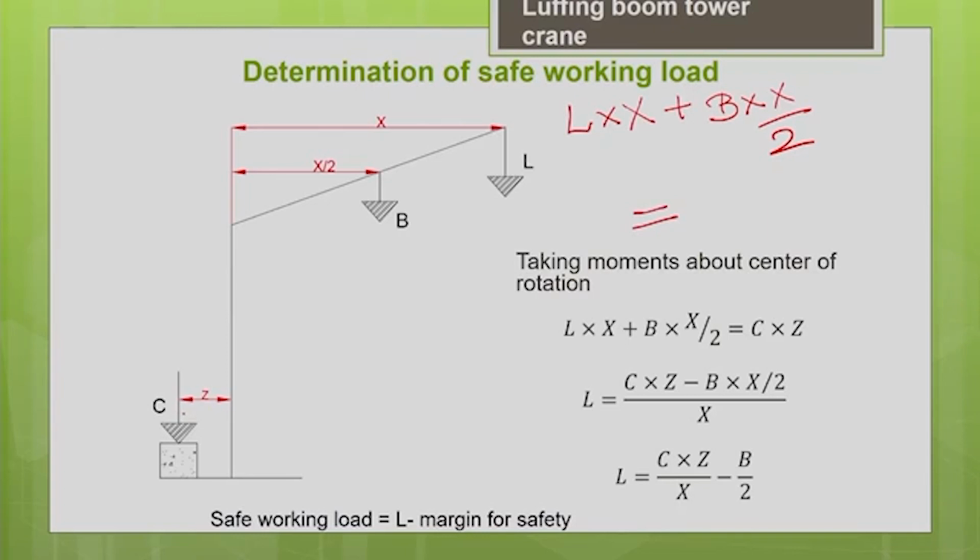Here the counterweight is only at the base. You can note that in the luffing boom tower crane, the counterweight is only at the base. The counterweight is C into Z. When you equate it, you can get L. So, to find the safe working load, from this L you have to deduct the margin for safety, according to the guidelines.